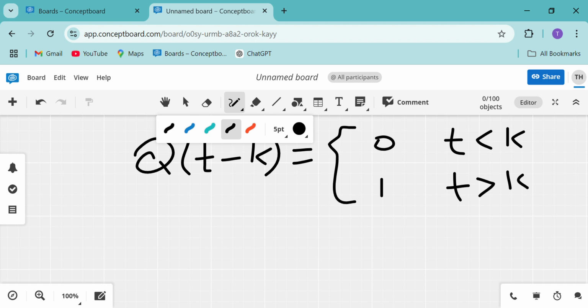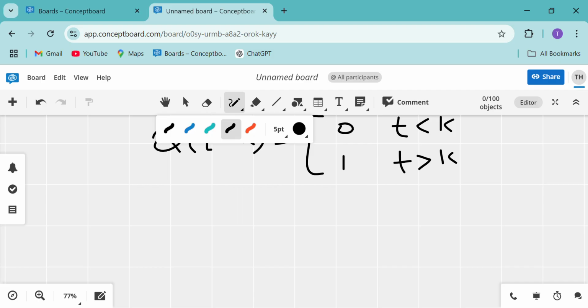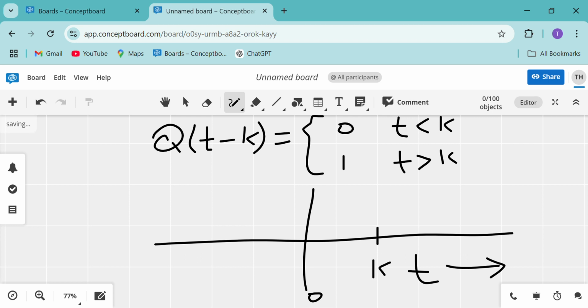Now we will graph this step function. For example, this is our time domain. Here is our 0, as time is equal to 0. At any point k, we have started our signal. This step function is used when we are dealing with signals in on and off situations.